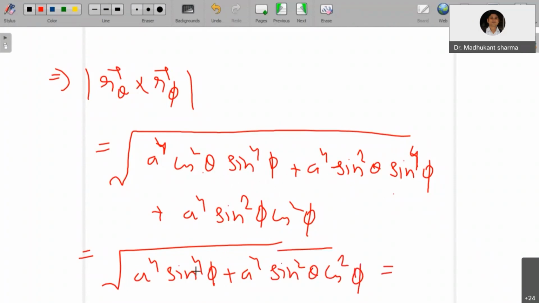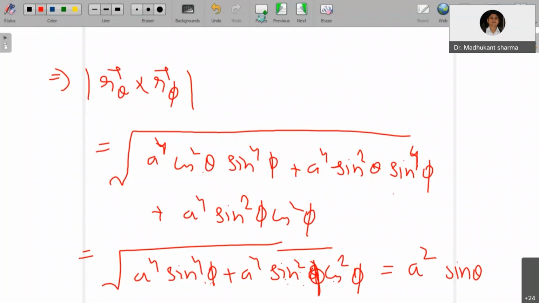Now a to the power 4 sine square phi is out, and what is remaining is sine square phi plus cos square phi, which is 1. So a square sine phi.